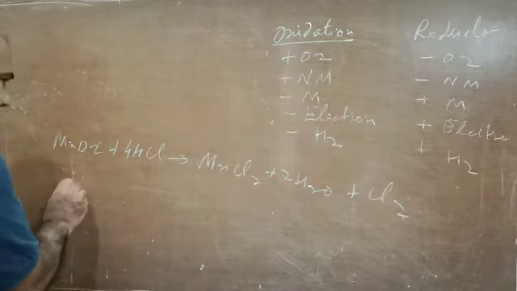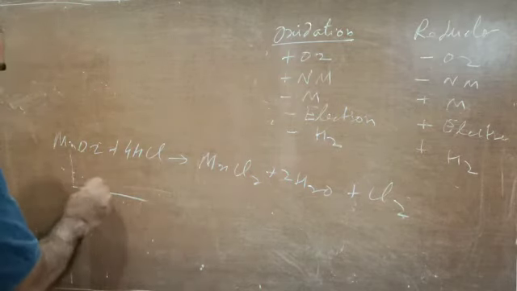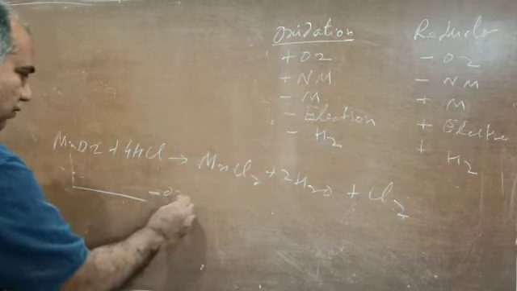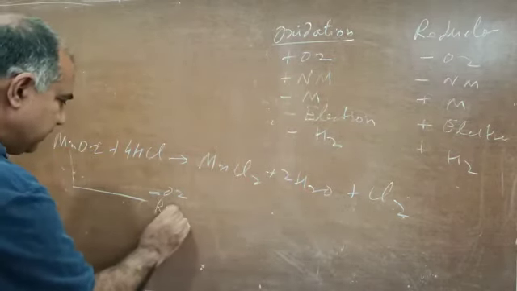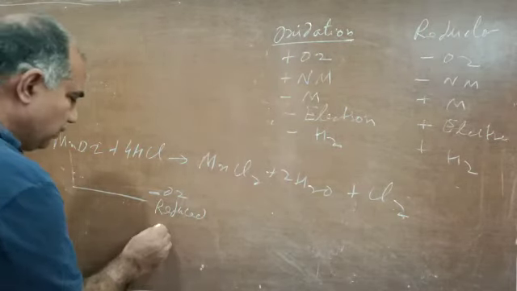Now see here, this has become this. So I will say manganese dioxide, by losing oxygen, has lost oxygen. Loss of oxygen is reduction, so we will say this is reduced, and the one that is reduced is the oxidizing agent.